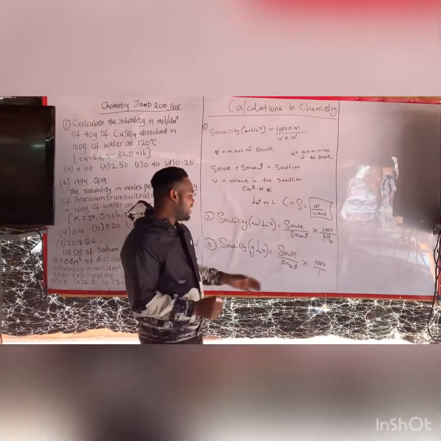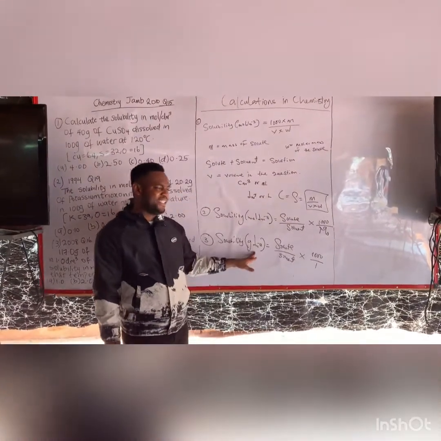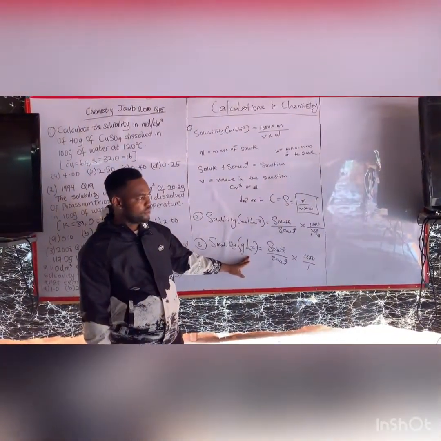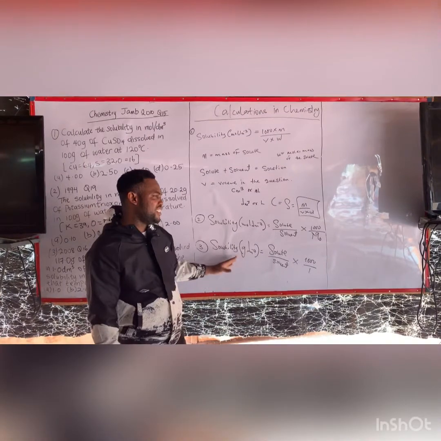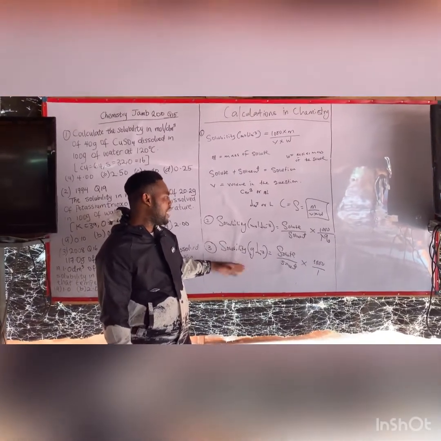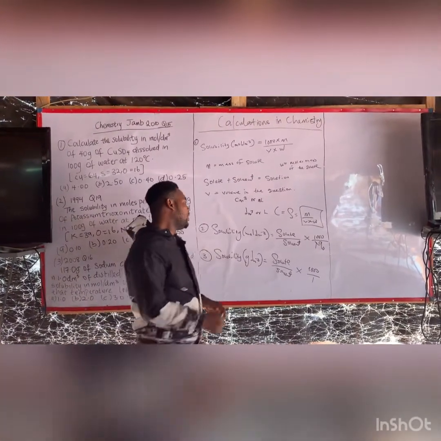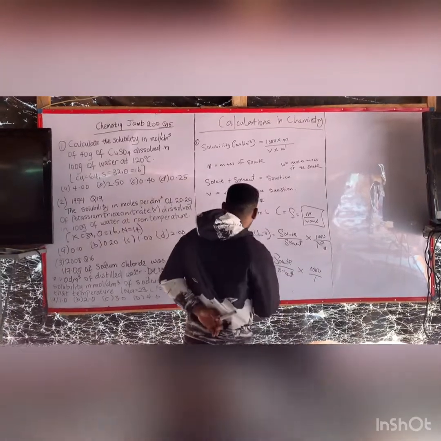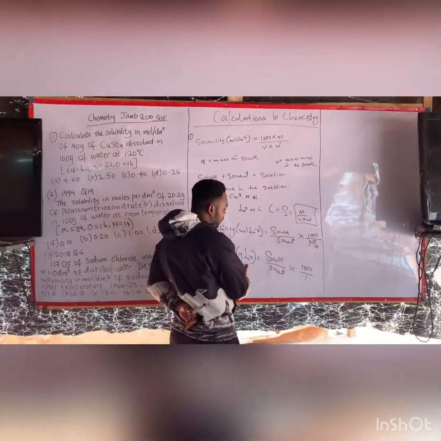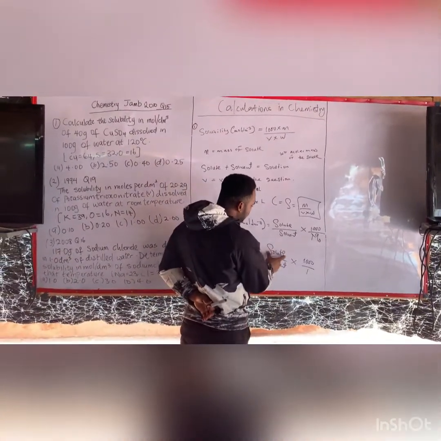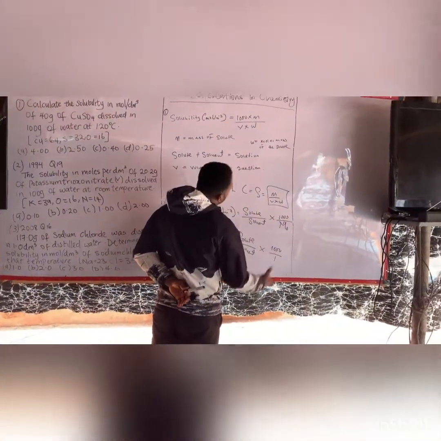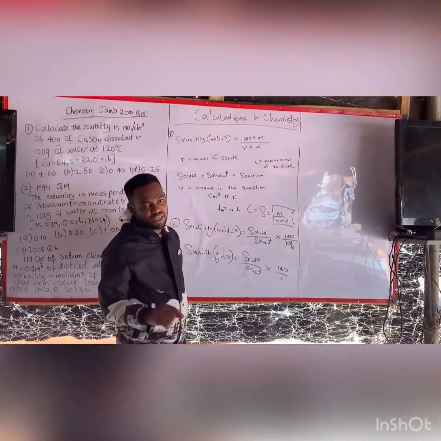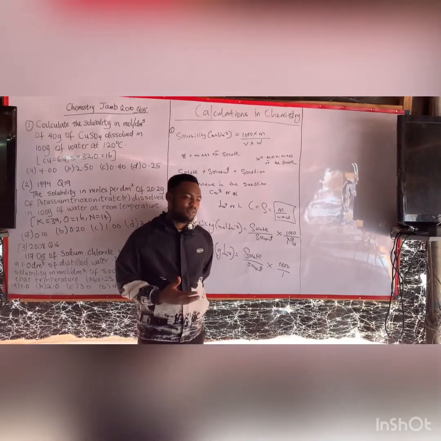This will give you your answer in gram per dm cube. These are ways of getting the answers to the questions easily. So please take note that for solubility in gram per dm cube, it will be solute by solvent multiplied by 1000 divided by 1. And that's 1000.